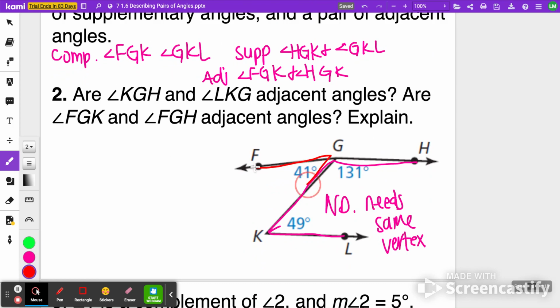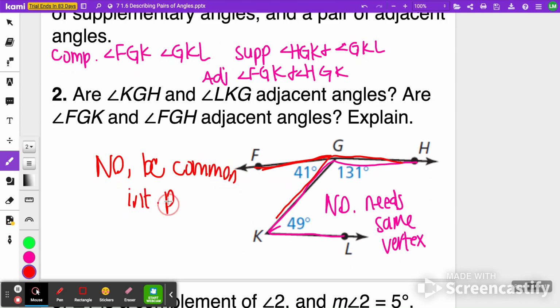Here's FGK and FGH. These would also be considered no because they have common interior points. They're not separated by that wall. Again, adjacent would have to be like boom, boom, boom, boom. This is the common wall that they share.